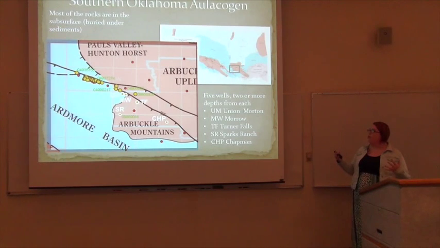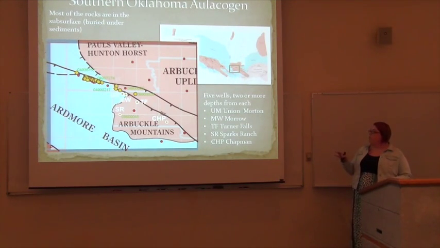So, how are we going to get what we need? This is where we are working, just in the Arbuckle Mountains. And like I said, everything's in the subsurface, buried by younger sediment.